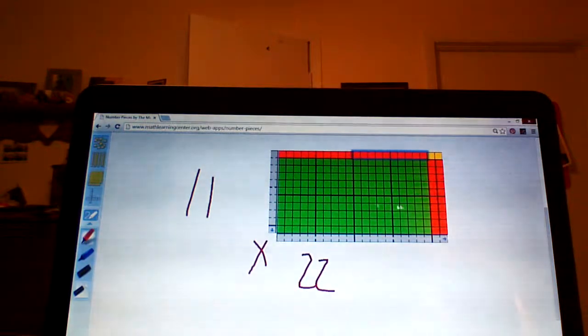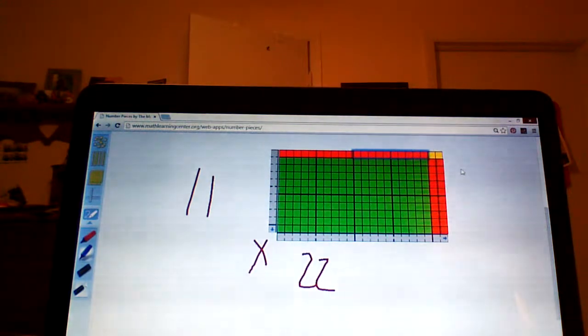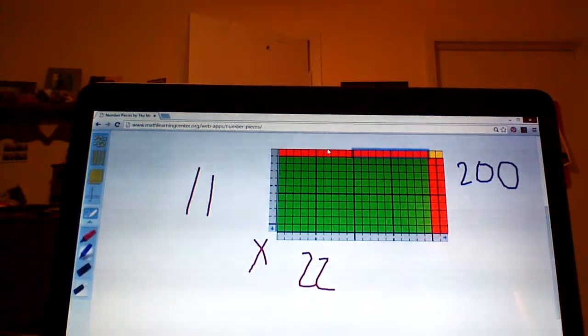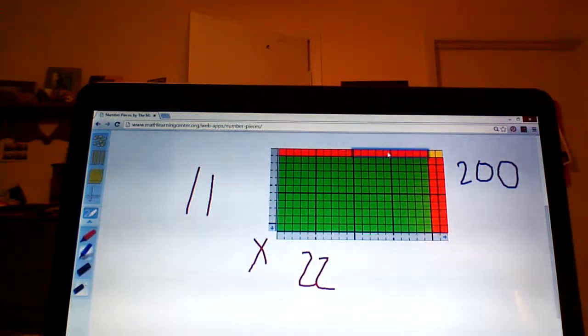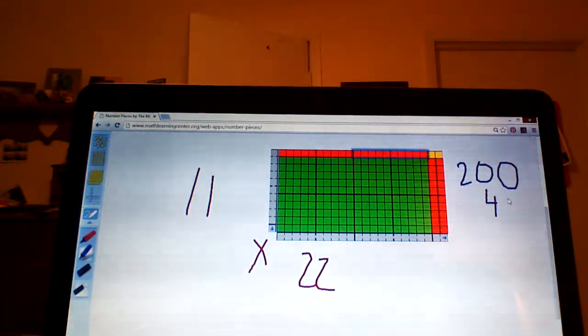So we have 2 flats, which is 200. Then we have 4 longs, which is 40. And then we're adding that.